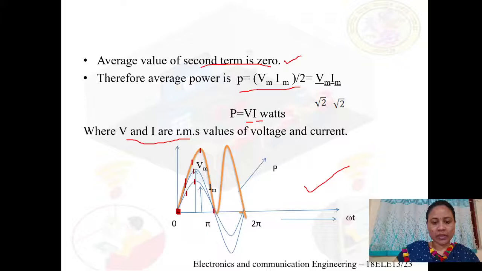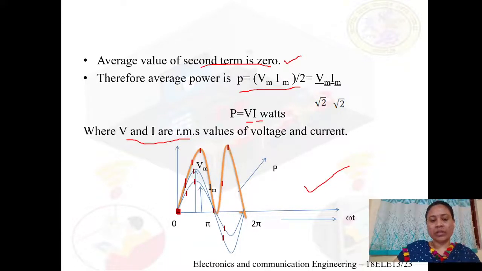In this case you can see when both current and voltage become 0, power becomes 0, and you observe in the other cycle, that is pi to 2 pi, the values of current and voltage are negative, but when we take the product, minus V and minus I, it becomes positive. Therefore the power is always positive, it won't be negative.